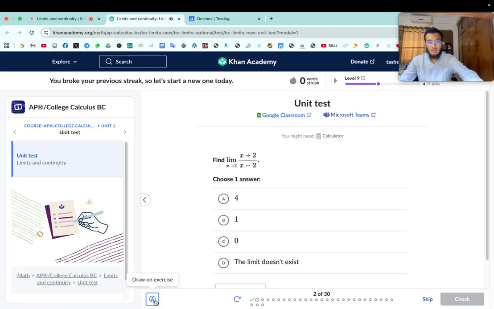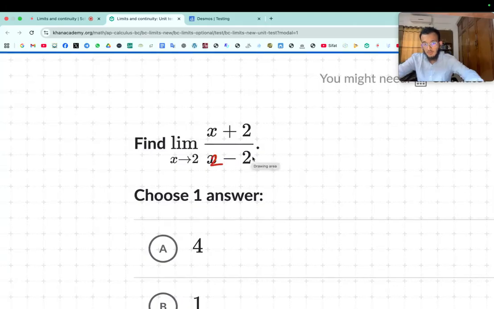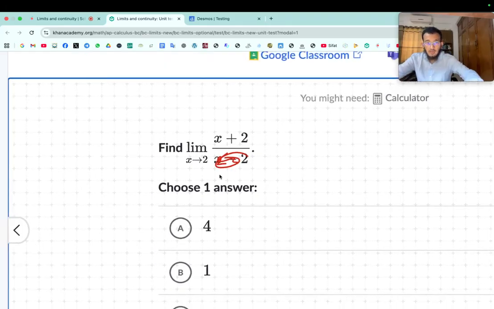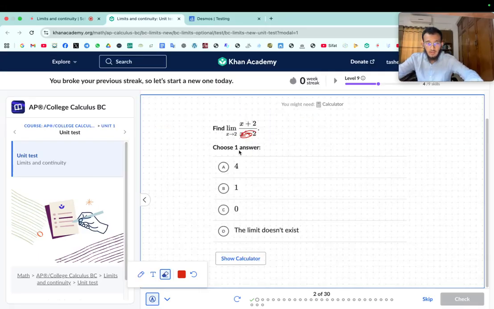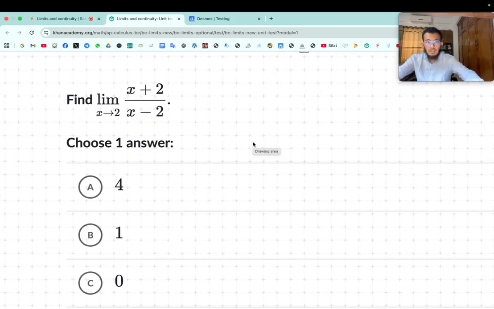All right, so they're asking us to find the limit of this as x tends to 2, but the problem is when we substitute 2, 2 minus 2 is 0, and this is an indefinite form, I mean, a form in which we can't find the limit directly, so we have to rationalize this with the positive conjugate.